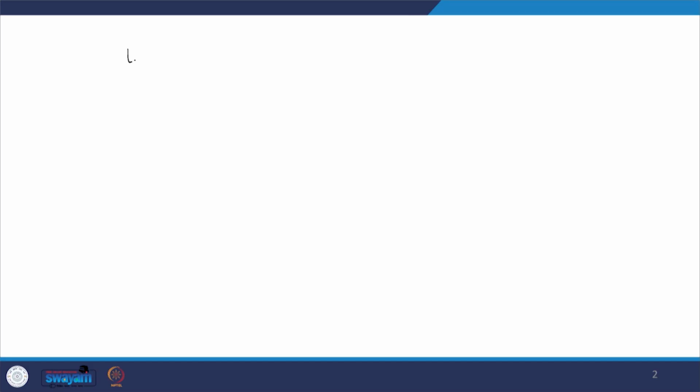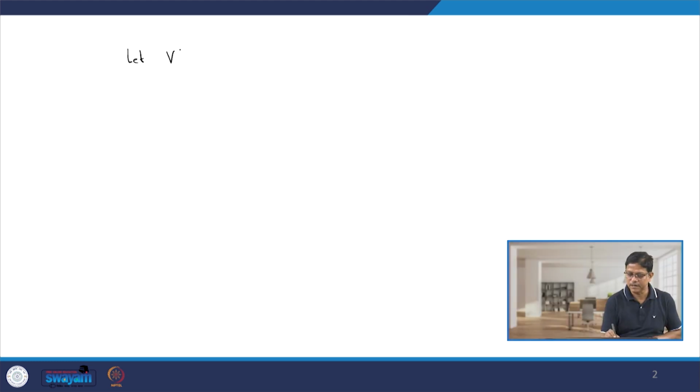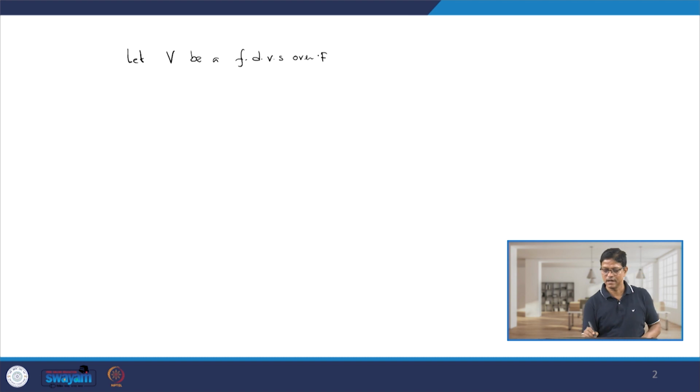To raise one question, if you recall correctly, let capital V be a finite dimensional vector space over the field capital F, and dimension n.